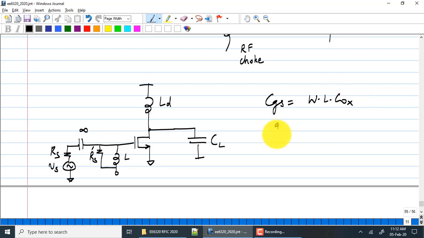Okay, GM, well, which expression would be more intuitive? Since we have chosen here, maybe we'll take the one.